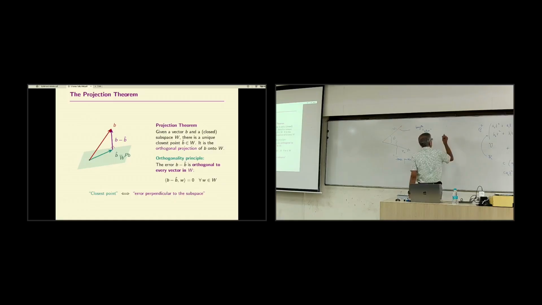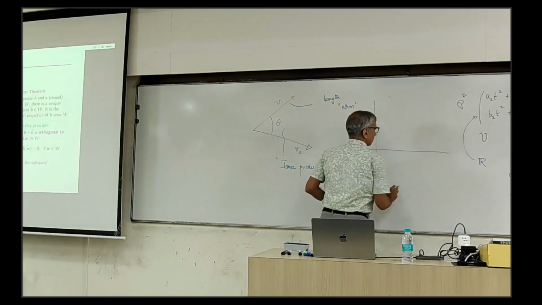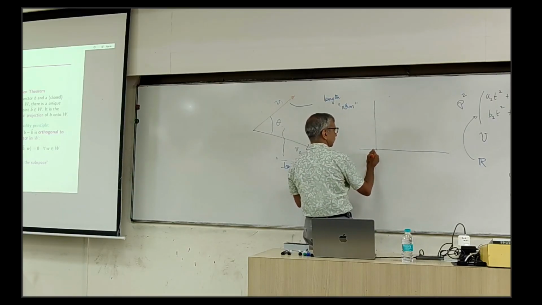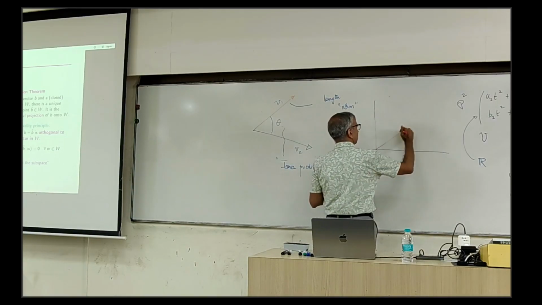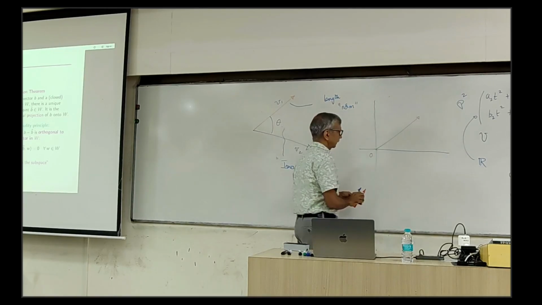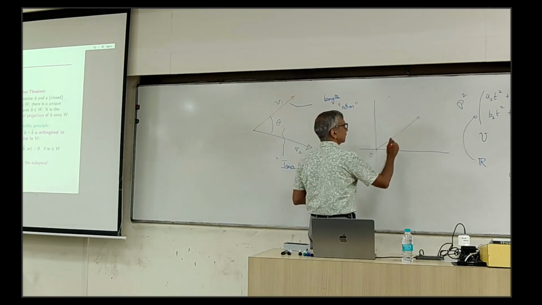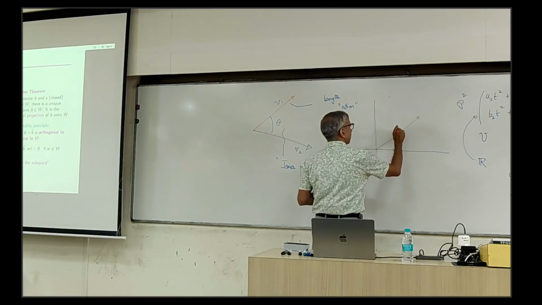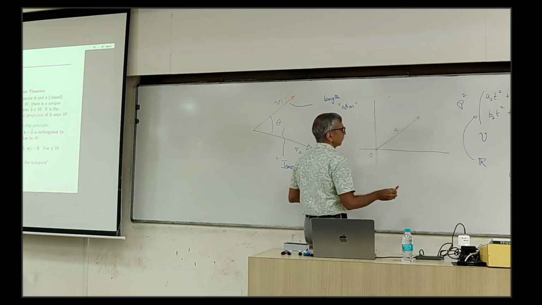So let me say I am in this plane of the board, and so this is your 0, and I have a vector like this, right? So let me call this a vector, let's call this A1, right?